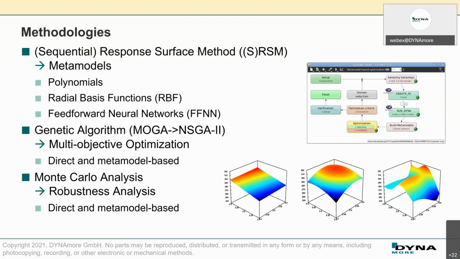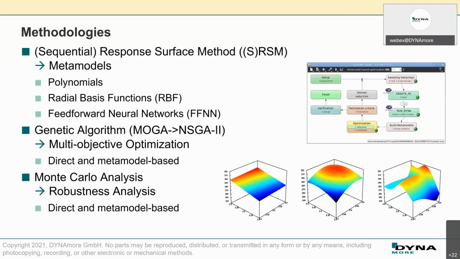As an alternative to the response surface methodology for optimization, a genetic algorithm is implemented in LSOpt, which is especially interesting for multi-objective optimization. So if the optimal solution is not unique anymore because of conflicting objectives, for example, then the genetic algorithm can be used to calculate Pareto optimal solutions.